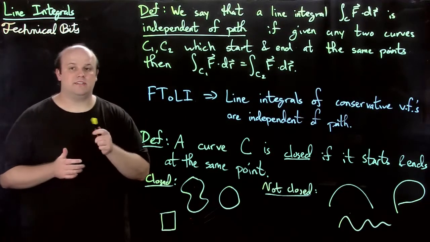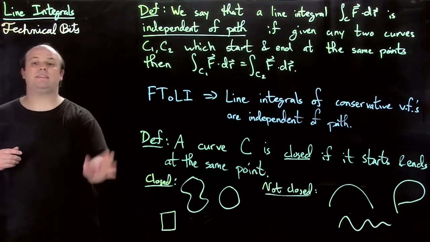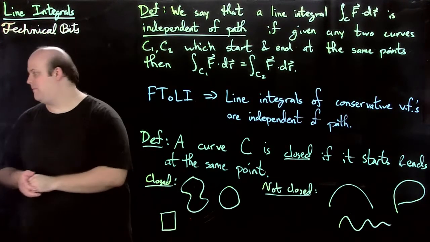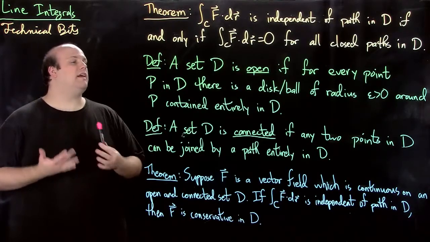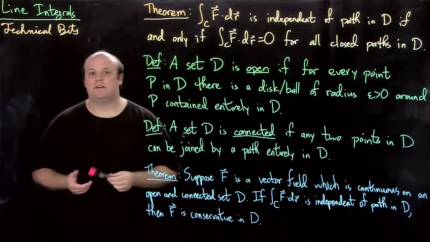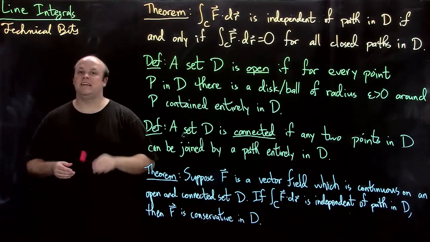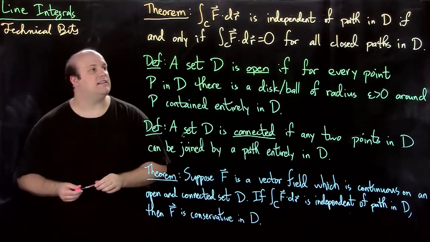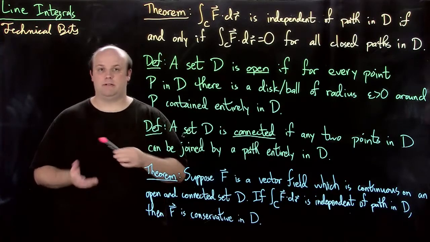So we'll continue this, and let's erase the screen and then continue. We have this theorem: the line integral f dot dr is independent of path in some region D if and only if its integral around any closed path in D is 0.